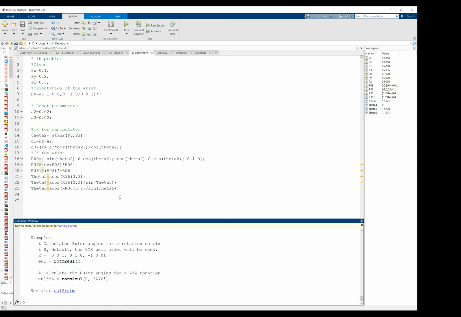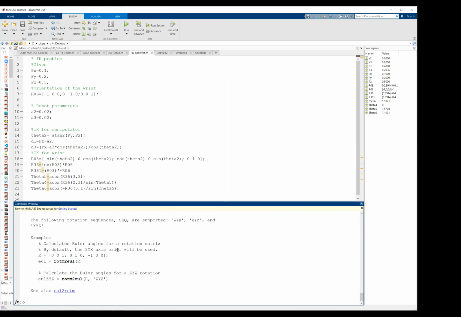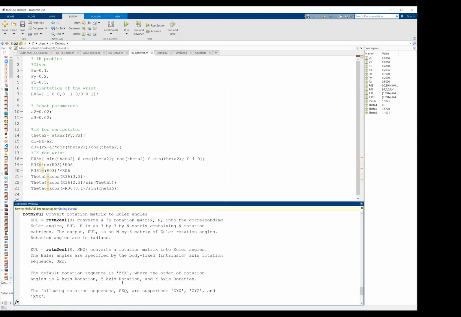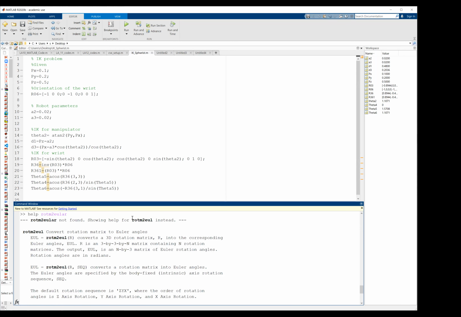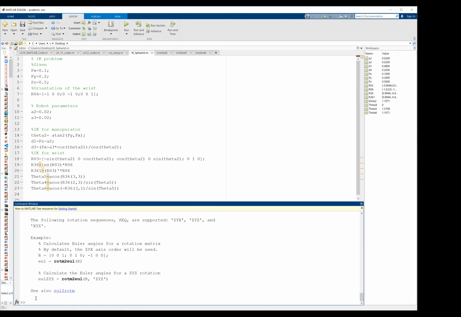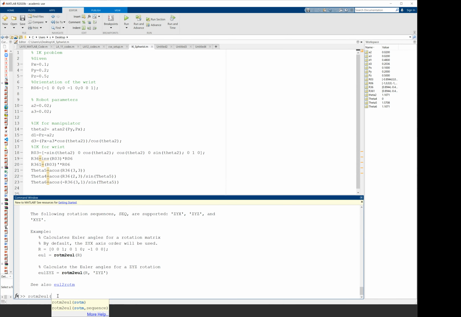As you can see, this is the command, rotm2eul. If you want to find out the Euler angles and you want to give your rotation matrix, I would say R06.